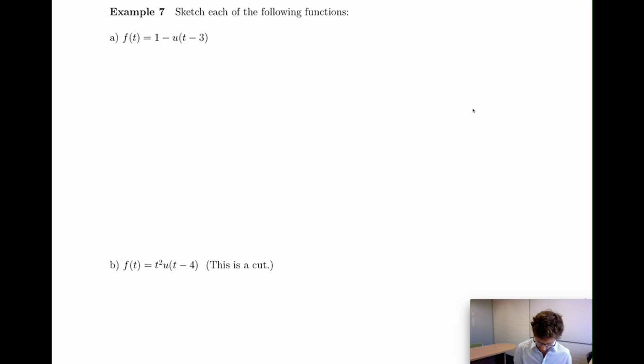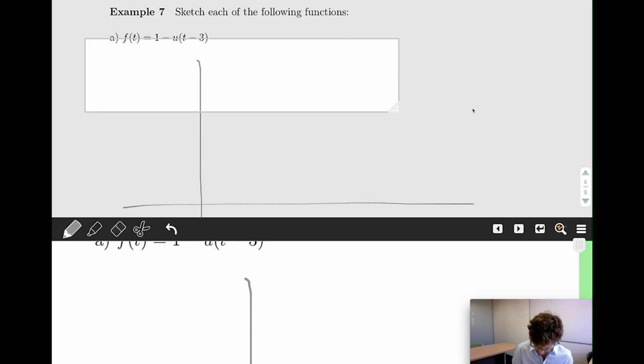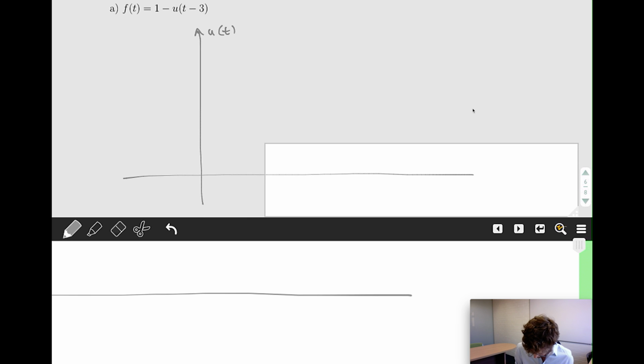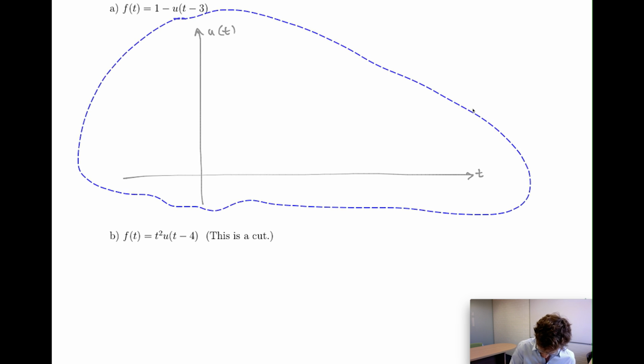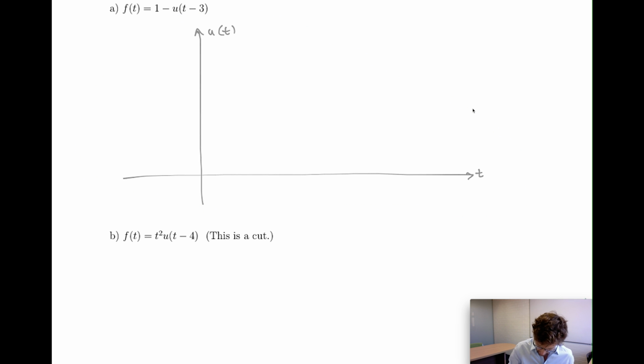So let's draw my axes first of all. We're going to use these again and again, so we might as well copy that. And let's sketch what this first function looks like.